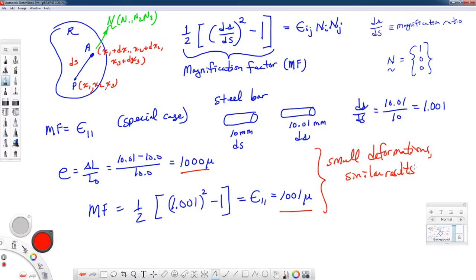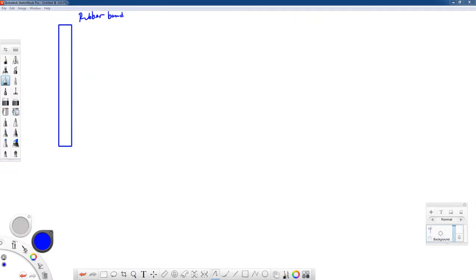We can talk about some other measures of strain as well. Let's look at something kind of like a rubber strip. Let's look at a rubber band. And on this rubber band, I can mark some different spacings. And I'm going to try to get approximately equal spacings here. They got bunched up a little bit more towards the bottom, but you kind of get the idea.